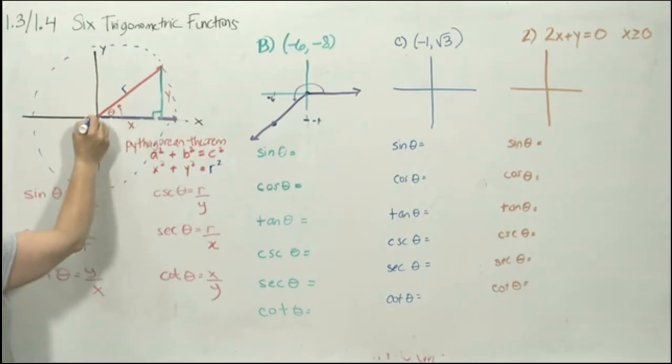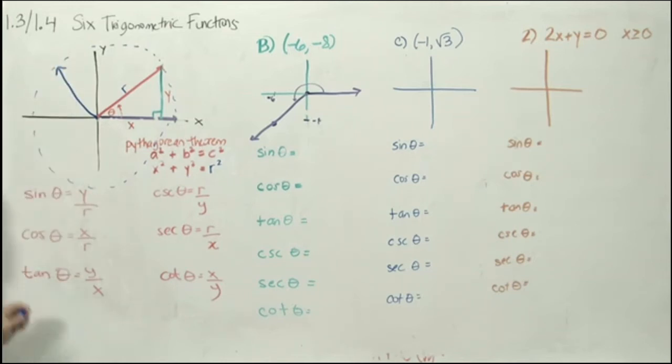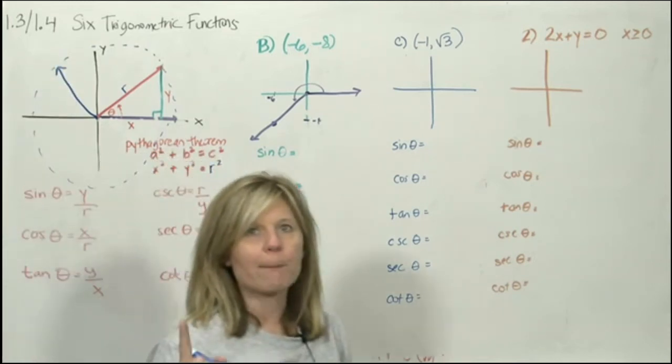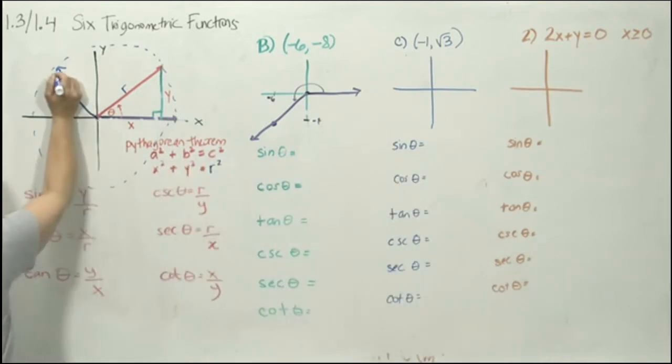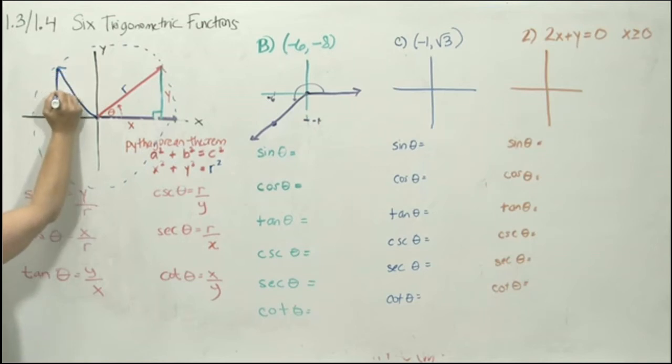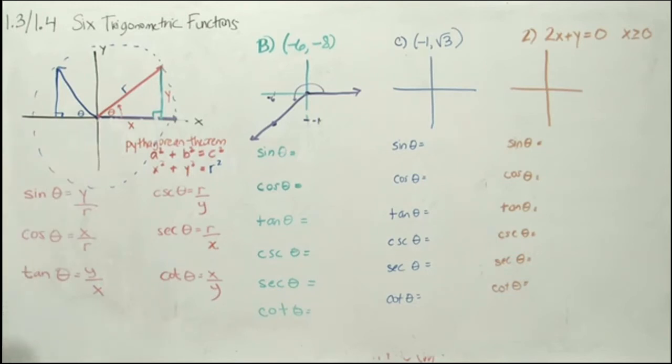If I had my terminal ray go in quadrant 2, the rule is to draw the triangle, you drop a perpendicular down. So from quadrant 2, if here's the terminal ray, the perpendicular would come down, and there would be my right triangle, and there would be my angle theta.